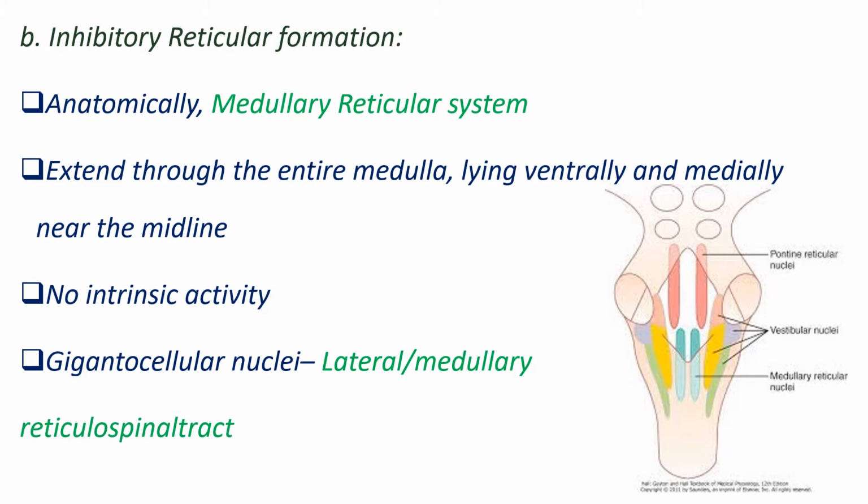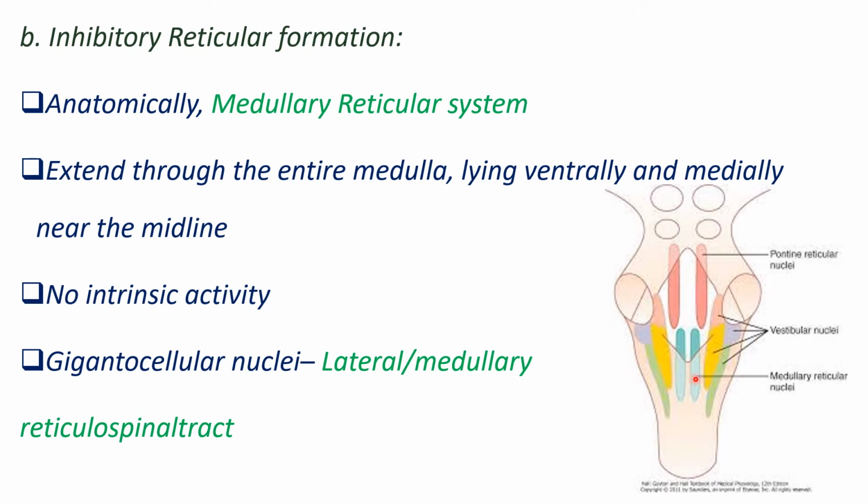Now coming to the inhibitory reticular formation. It is opposite to the facilitatory. This inhibitory reticular formation forms that part of the nuclei which lie mainly in the medulla. So these are all those nuclei we were discussing, and they collectively form the medullary reticular system.